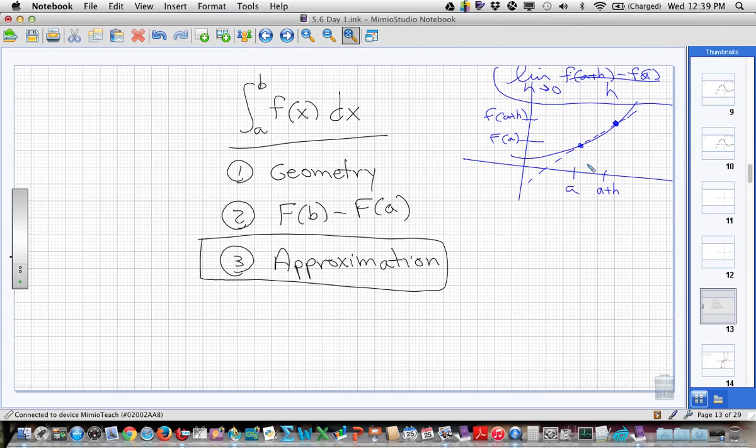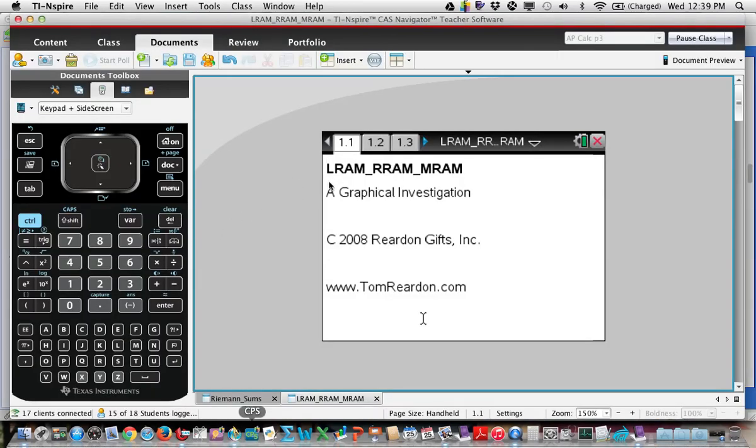But now we're going to really get into some notational stuff with areas that's very similar to how we approached it when we did derivatives. Okay? All right. So that document that I sent to you on your calculators, let's open up this one first, the LRAM, RRAM, MRAM calculator.